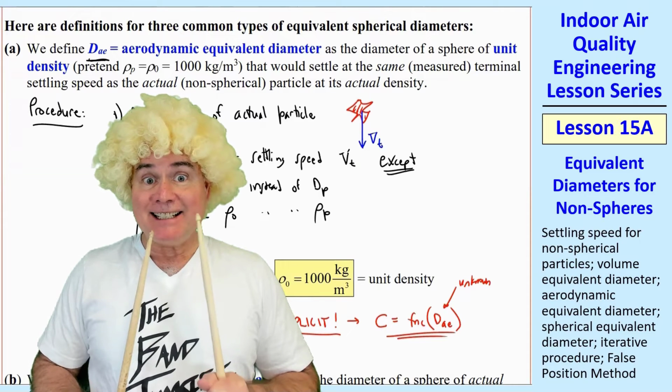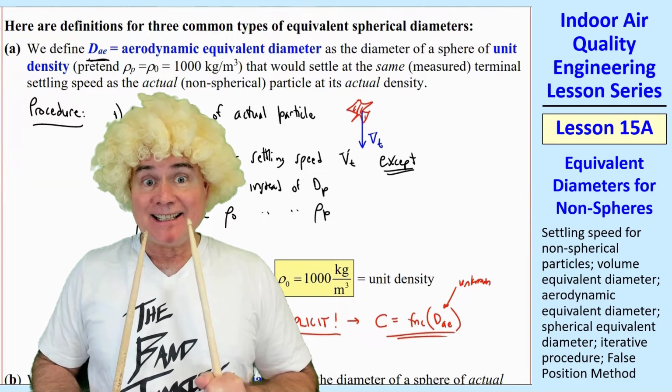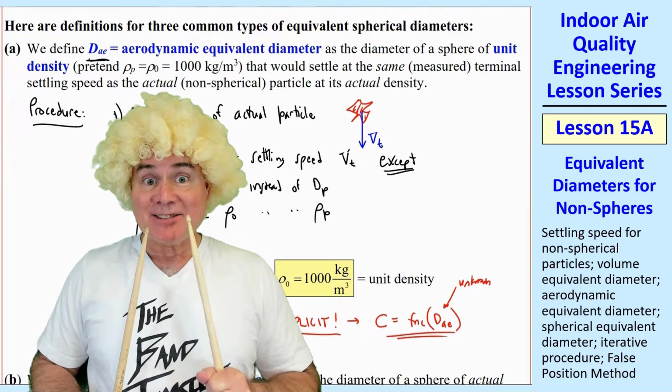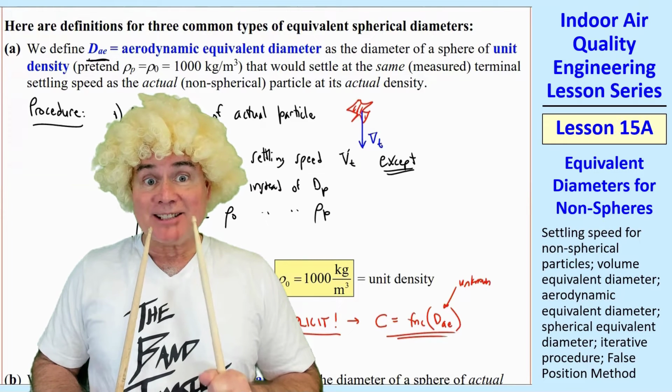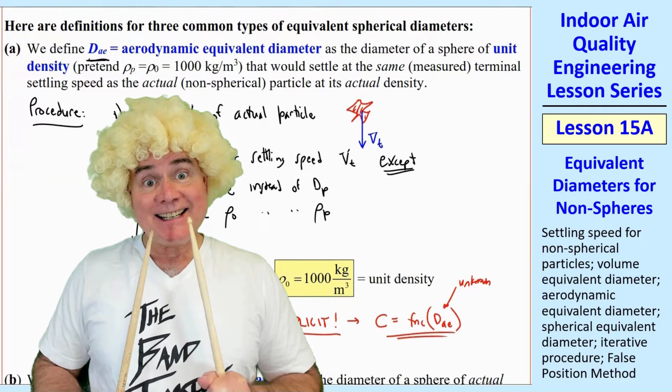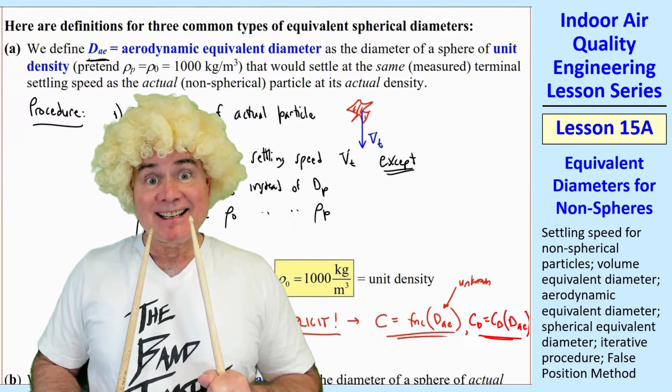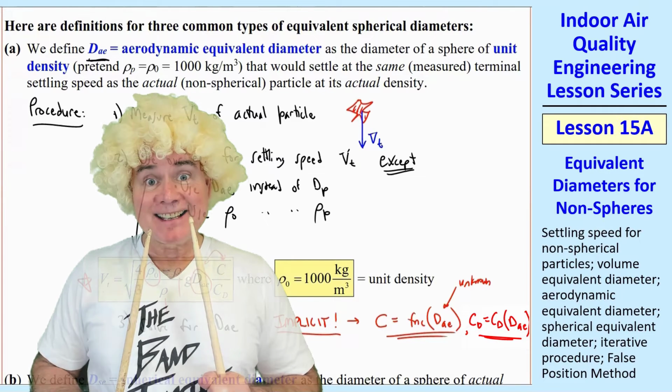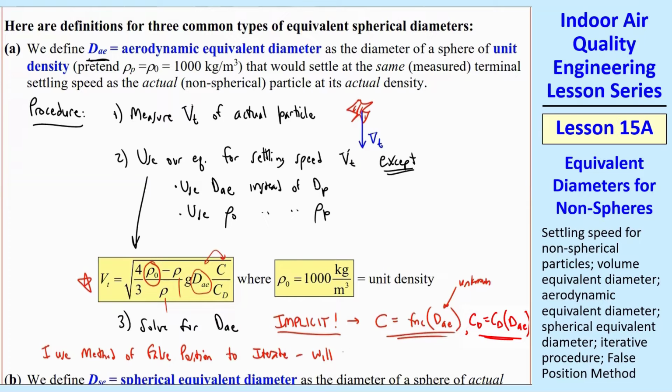And so our CD is also a function of DAE because CD is a function of Reynolds number, and Reynolds number is a function of DAE. Good observation, BJ. Let's add that here as well. I use the method of false position to iterate, and I'll show you that in Excel.